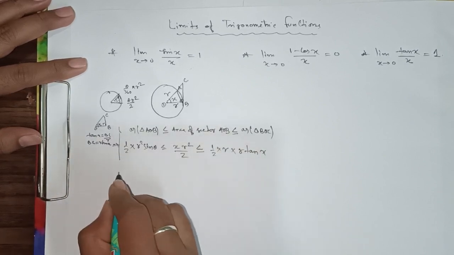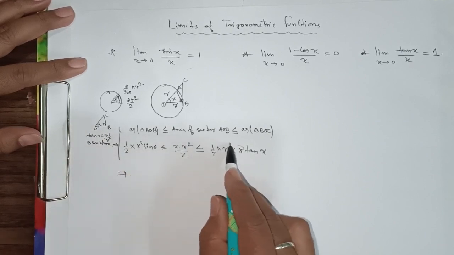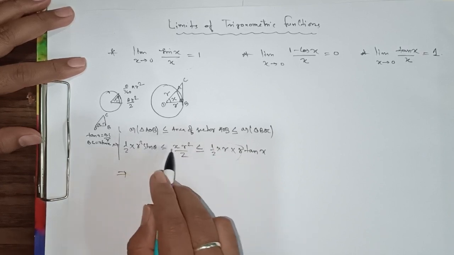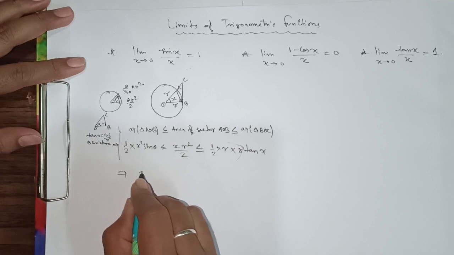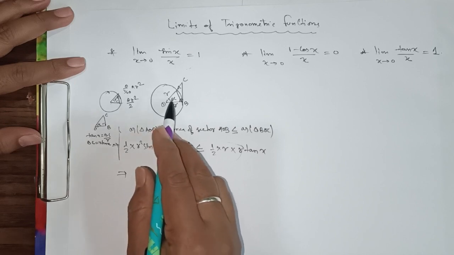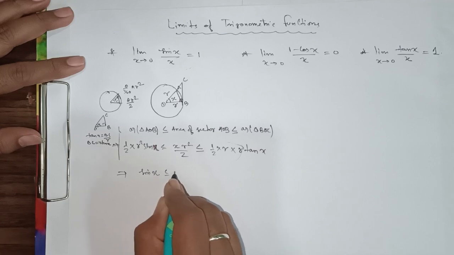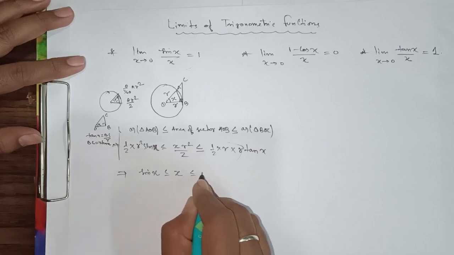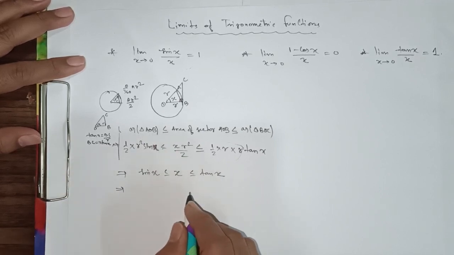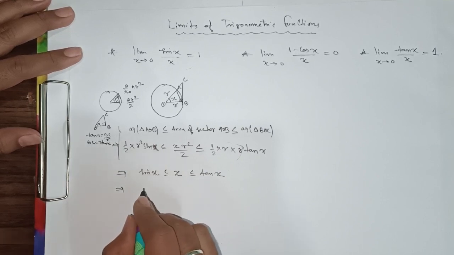So this gives us half r square, half r square, half r square. So we are getting it common, so we'll take it all out. We have here sine x, not theta, as we are taking this theta as x in radian form. So sine x is less than or equal to x, less than or equal to tan x. Now divide the whole inequality by sine x.